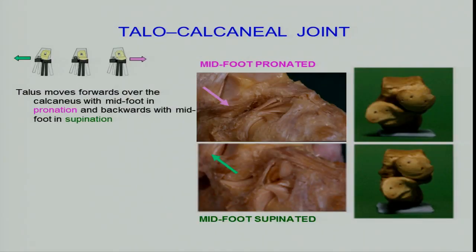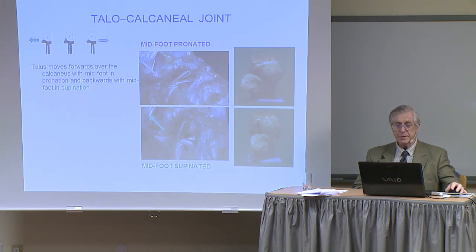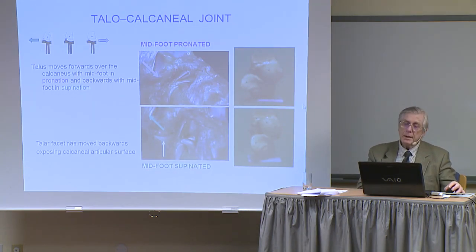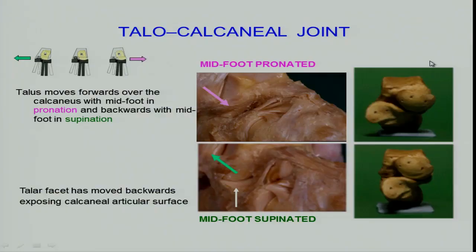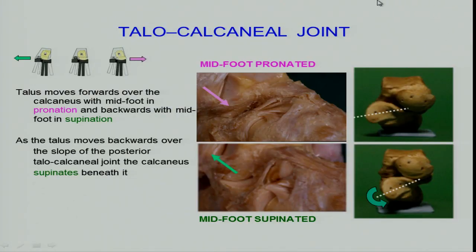And then, when the midfoot is supinated and the lateral hinge of the calcaneo-cuboid joint means that the navicular is coming backwards relative to the calcaneus, it pushes the talus backwards and we get that appearance with the exposed inferior joint on the calcaneal side, articular surface, and the calcaneus, as you see, has had to supinate underneath the talus as the talus has moved backwards because it's gone up the slope of the posterior joint and made the calcaneus supinate.